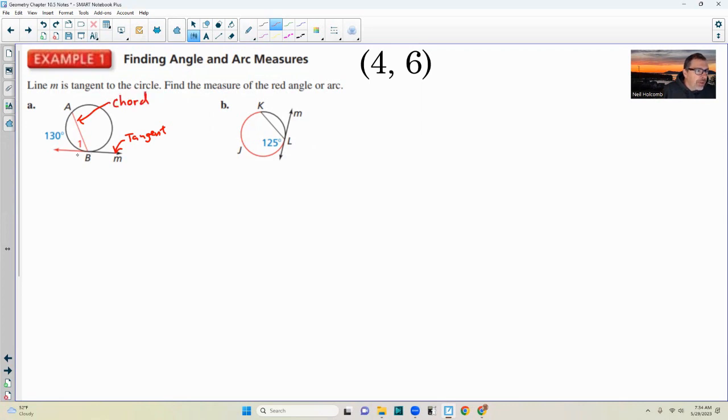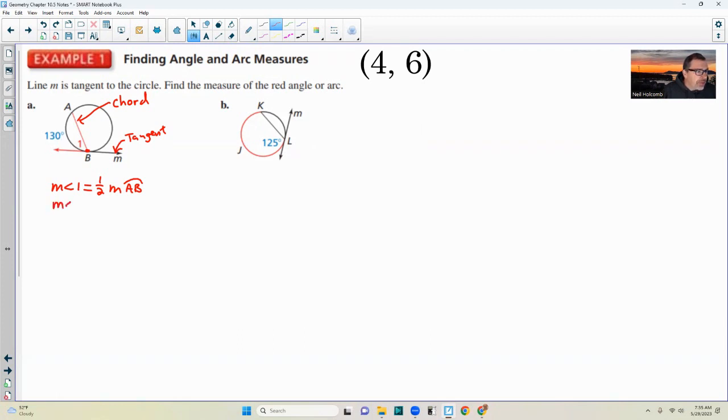So we have a chord intersecting a tangent on the circle at point B. With that, we can say that the measure of angle 1 equals 1/2 the measure of arc AB. And that's what the theorem says: if a tangent and a chord intersect on a circle, then the angle formed is half the intercepted arc.